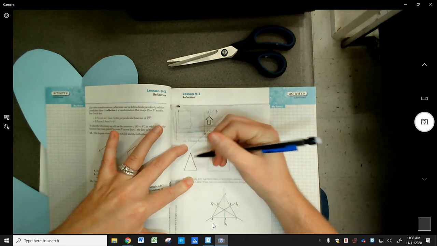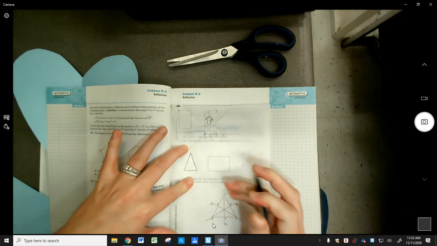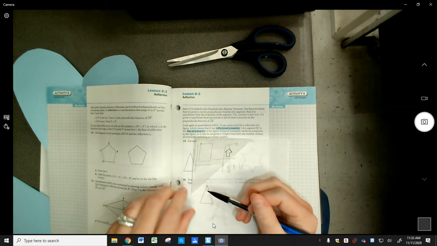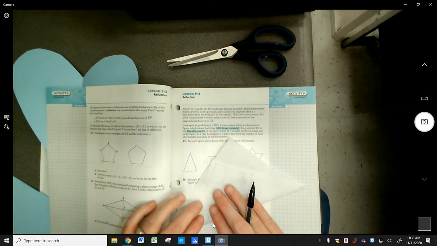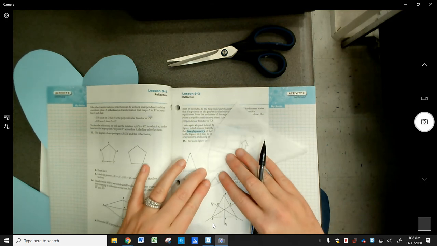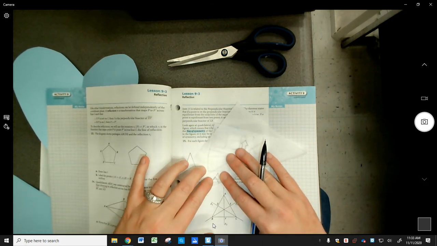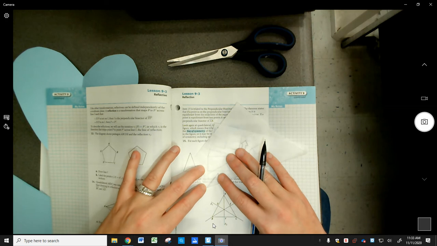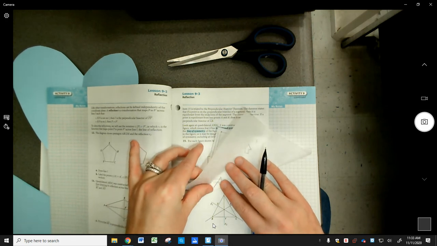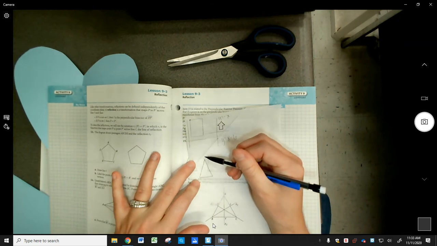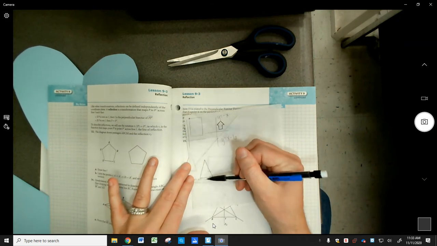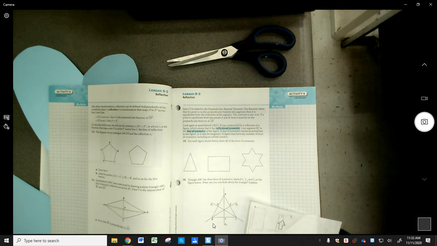So some of you may think that there are other lines of symmetry besides just the vertical one. So if I were to try and fold it somehow this way, do you see how they don't line up, those corners? No matter how I fold it, it's not going to line up. So this isosceles triangle only has that line of symmetry.